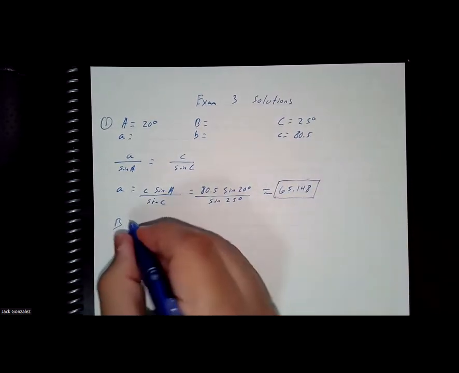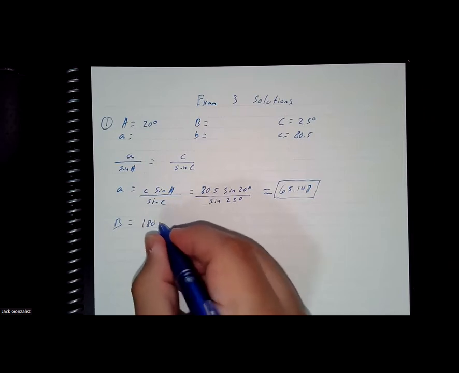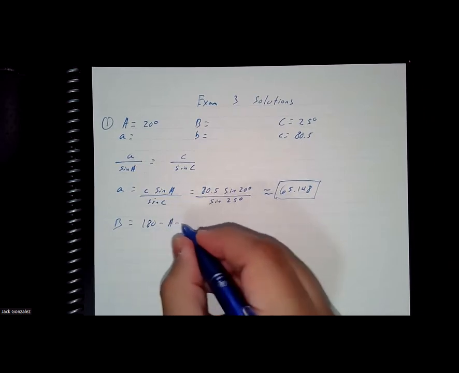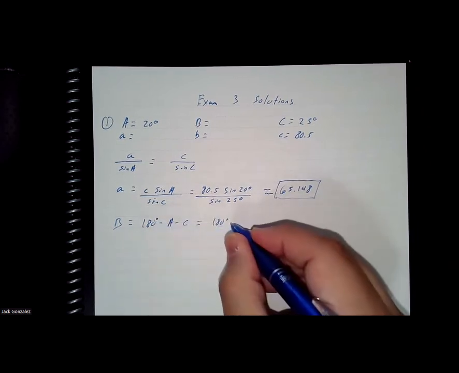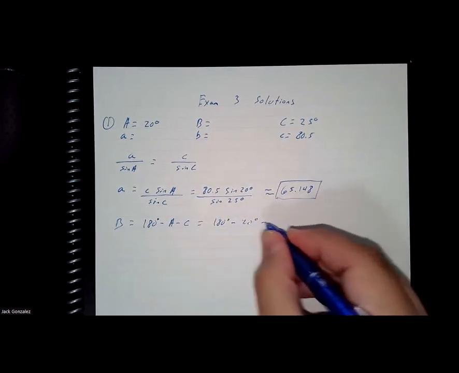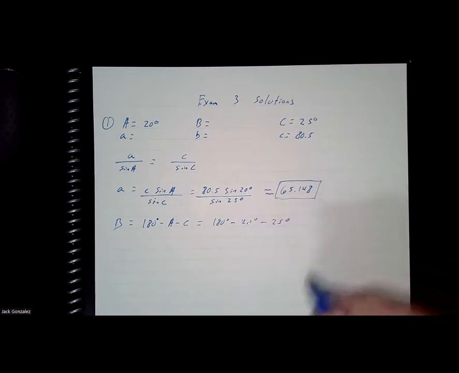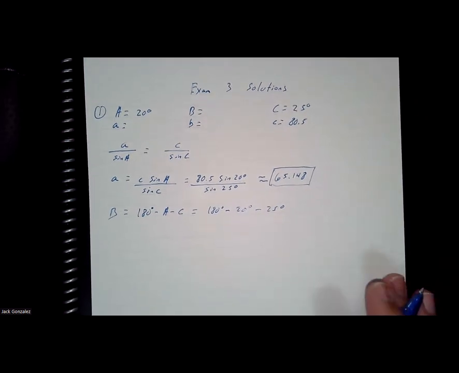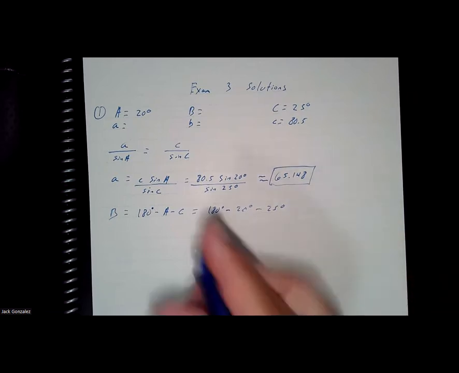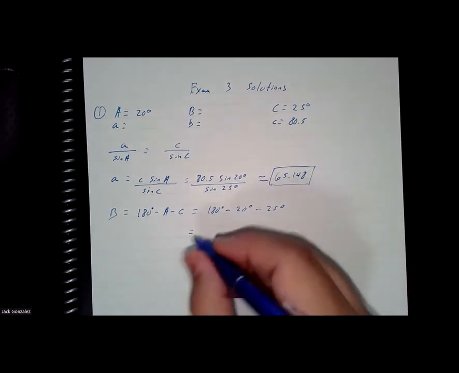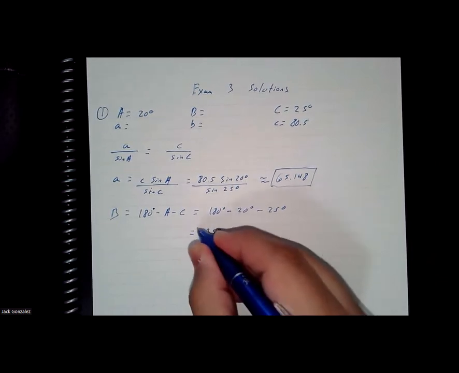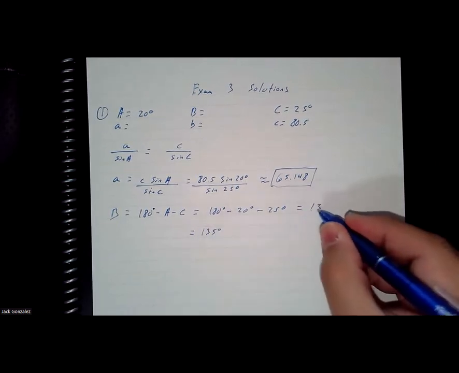Should have done that first, but B will equal 180 minus A and C. So 180 minus 20 degrees minus 25 degrees. Okay, that will be 135.